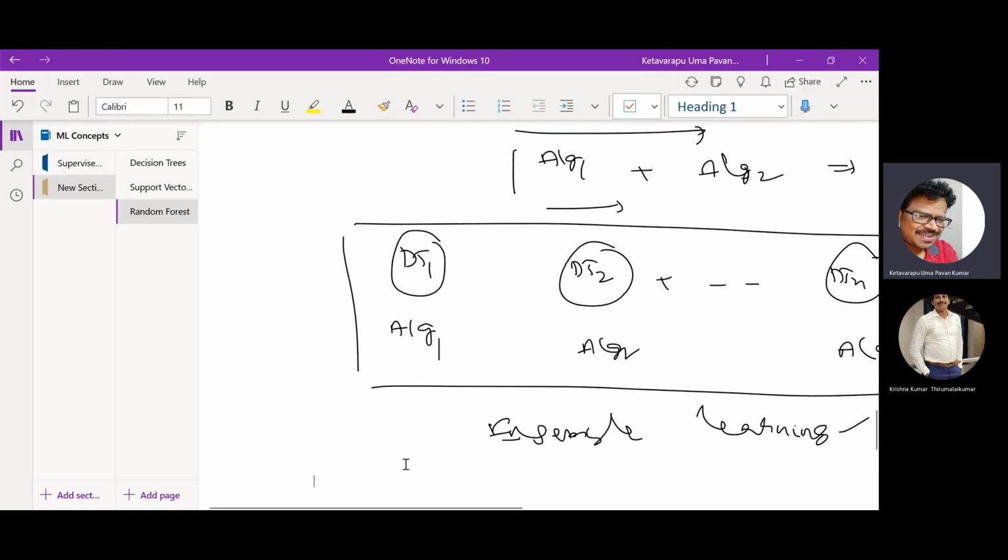Now let us move ahead. If you are making use of this ensemble learning, how does it work? It's a pretty simple narration, like taking the data items or columns, but how does it help us?